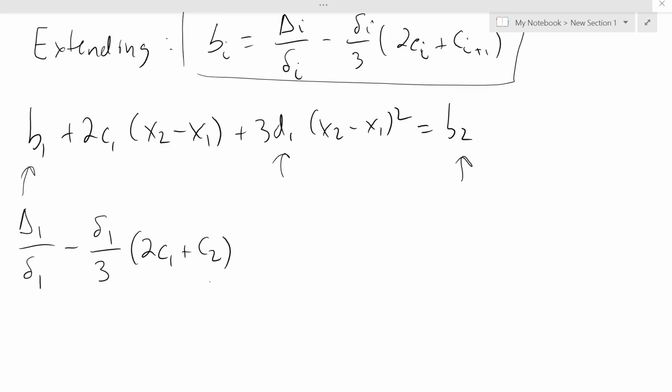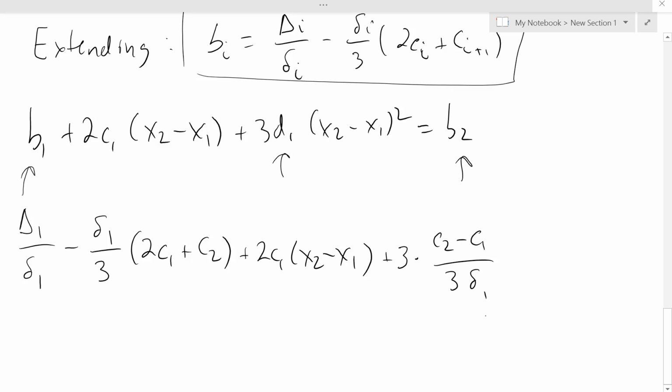Okay? All right. The next one, I don't have to replace anything. The last one, what was D again? Delta 1, yep, good. And then it would be times x2 minus x1 squared.